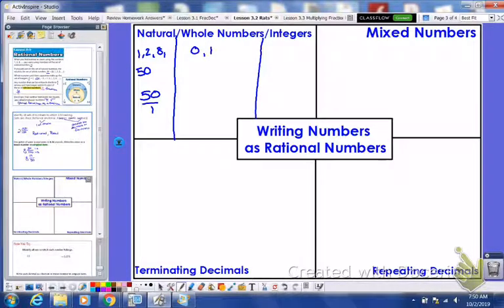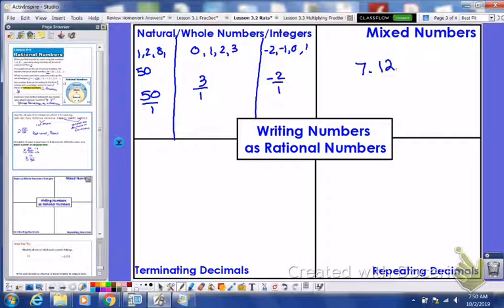Wholes, we're going to add 0. We can take any of them again over 1. Integers, we add in our negatives. Again, any of them written over 1 gives us a rational number. Okay, so mixed numbers. Think about 7.12.